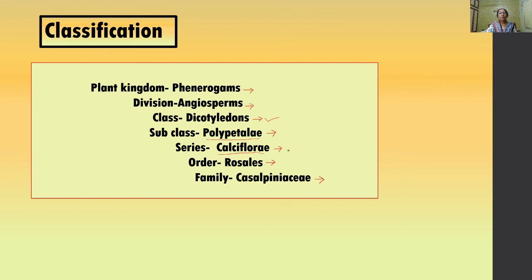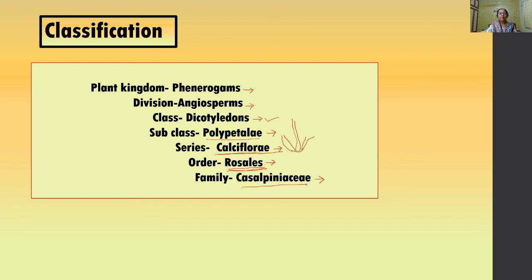Caliciflori, because the flower consists of a cup-shaped thalamus, in which the ovary is present, and the other parts of the flower come from it, so it comes under the caliciflori. Order Rosales has the characteristic of a monocarpellary gynoecium and also the presence of alternate phyllotaxy, so it comes under the Rosales.